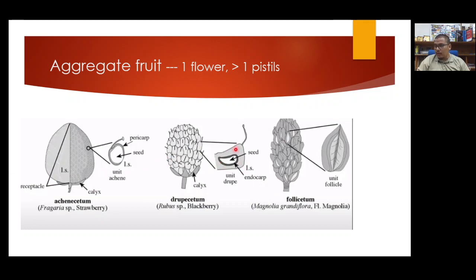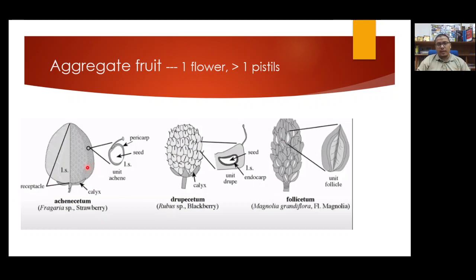So this is actually one drupe, and each one has one seed. Each of those carpels has a fleshy outer covering with a seed inside, but all of it is held together in that little berry.